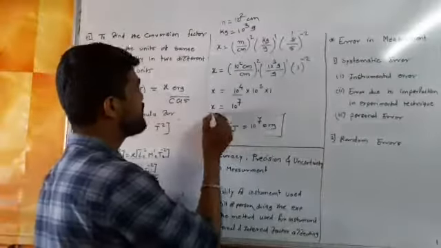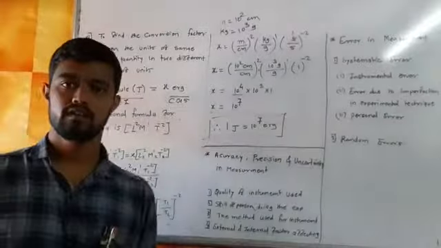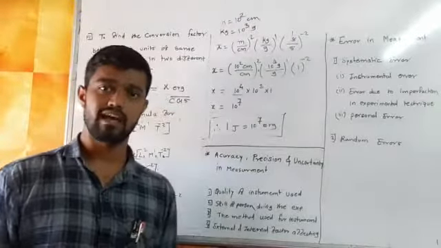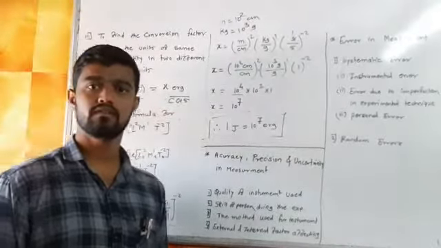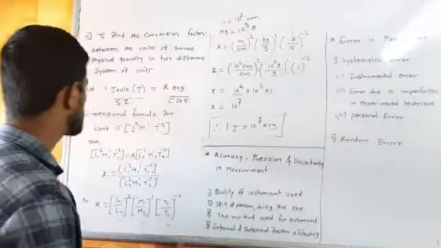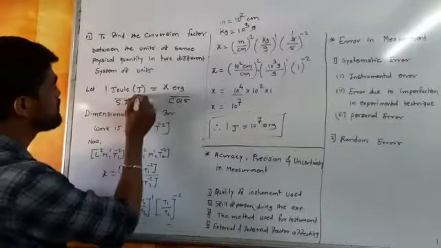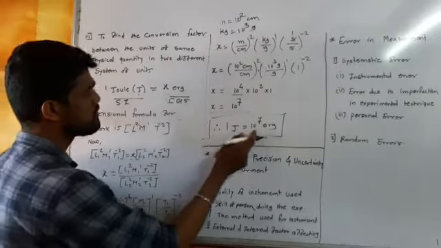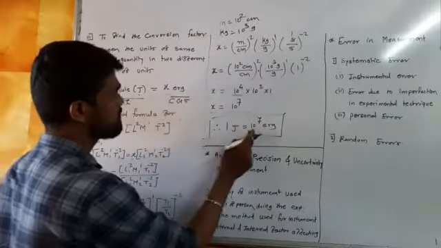So the x value is 10 raised to 7. So 1 joule is equal to 10^7 erg.